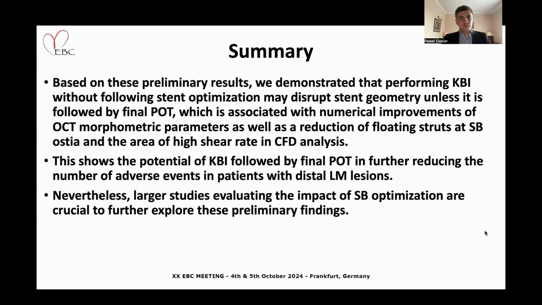So in summary, based on these preliminary results, we demonstrated that performing kissing balloon inflation without following stent optimization may disrupt stent geometry unless it's followed by final POT, which is associated with numerical improvements of OCT morphometric parameters, as well as reduction of floating struts at side branch ostia, and the area of high shear rate in the CFD analysis.